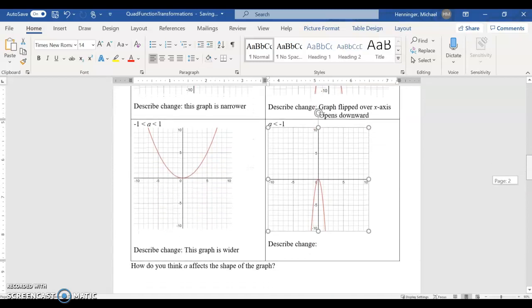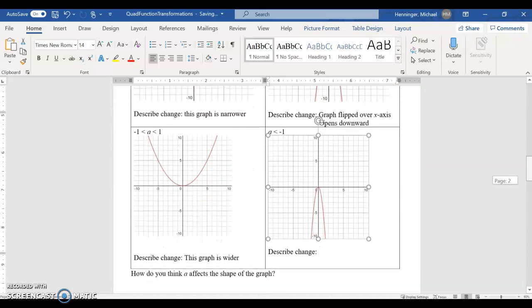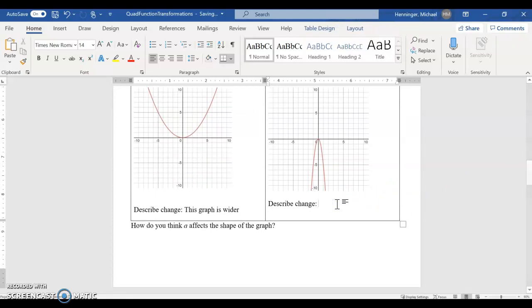Look at this new one, look at the original. On this new one, there's two big differences. One, it's flipped over the x-axis. It opens downward now. And the other big difference, it's much narrower than the original.